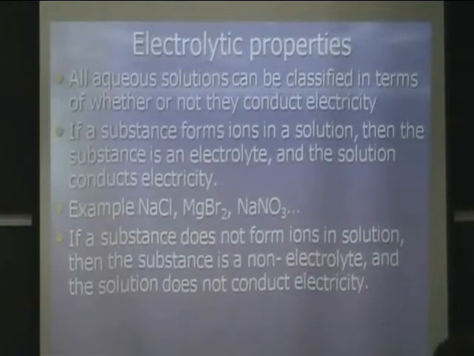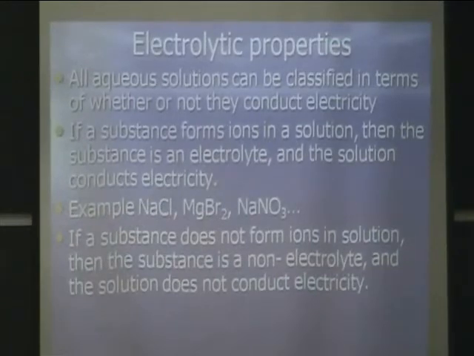Yes, it's ionic. It's an ionic substance dissolved in water, and it has to form ions. It has to form two different ions, a positively charged ion and a negatively charged ion. So we call that electrolytes, because they can conduct electricity because of the two different ions we have.